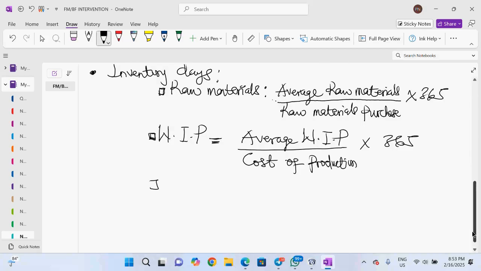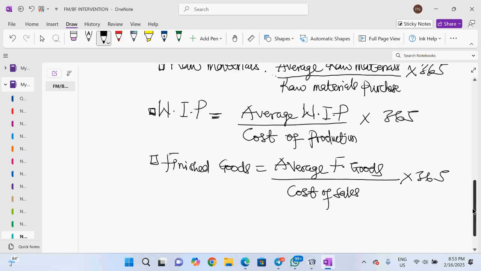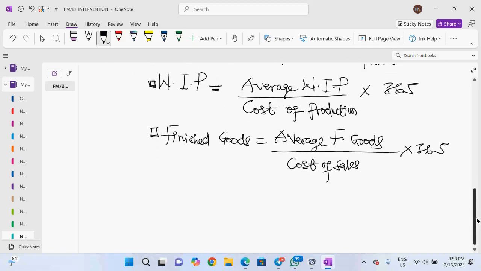Then we have the finished goods, which is the finished inventory. That's the normal one that we know: average finished goods inventory, or some would say average inventory, over cost of sales times 365 days. So all these are under the inventory.